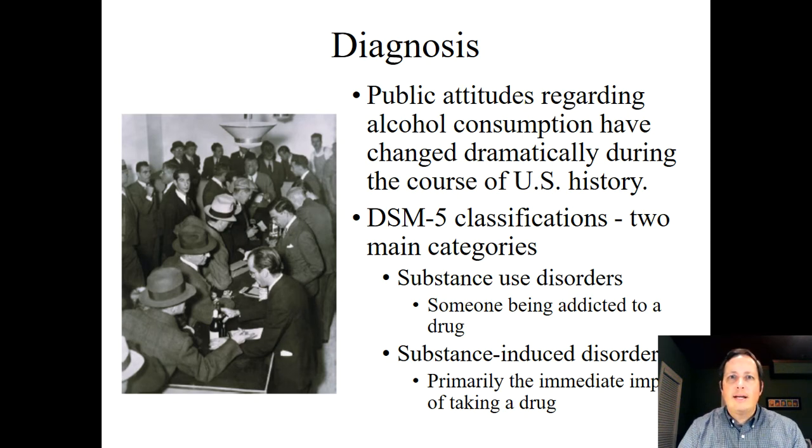And in the late 1800s, early 1900s, what you saw was a movement away from alcohol because of the devastating effects alcoholism had on families, which eventually led to prohibition in the 1920s. And then eventually it's repealed because people realized they liked their alcohol and would like to keep it around.